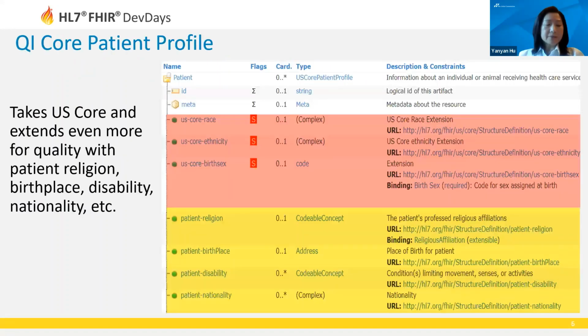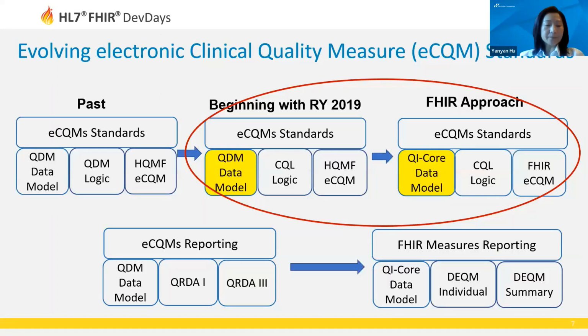This is a snippet of the QI Core Patient profile. It takes the US Core elements of race, ethnicity, and birth sex highlighted in red, and then extends even more with religion, birthplace, and nationality highlighted in yellow.